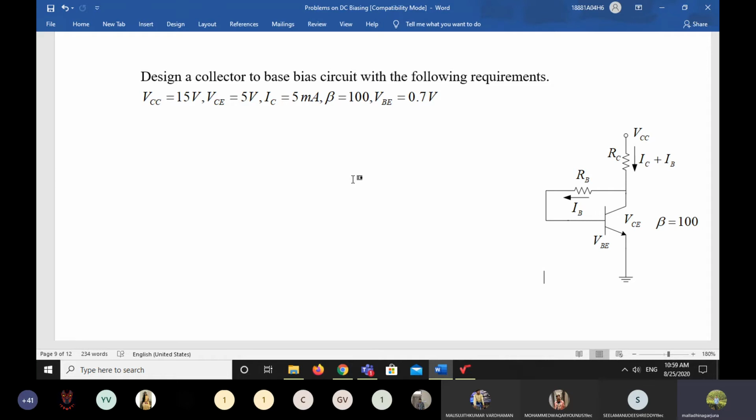Apply the KVL to the collector circuit, you will get the RC value. Okay, so we'll move to the next circuit.